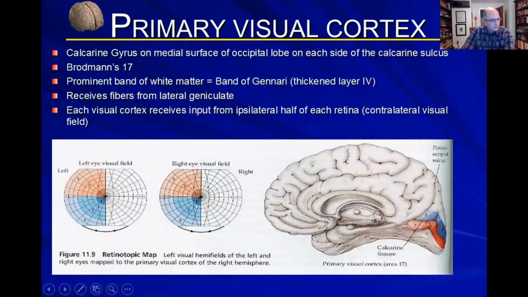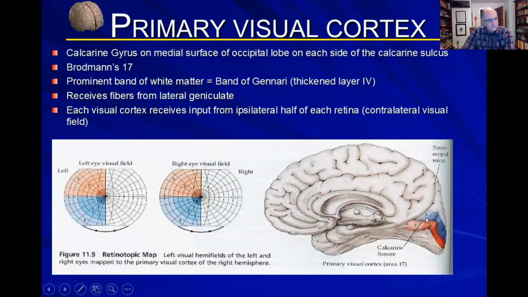So if you look at the color schemes here, just to point out the area below the calcarine fissure that corresponds to the visual field superiorly, and then as you get closer to the pole of the occipital lobe, you get closer to where central vision is located.